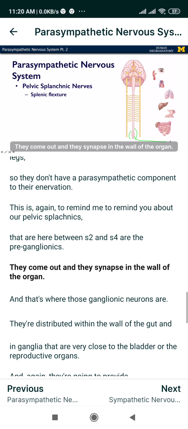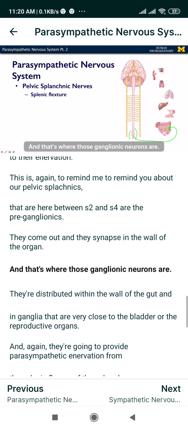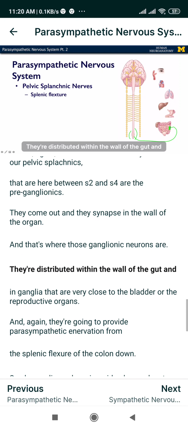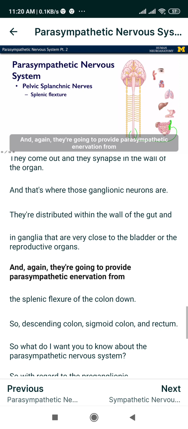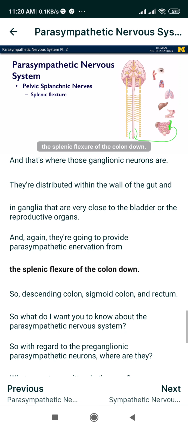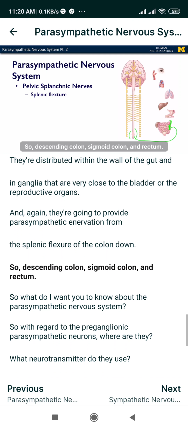They come out and synapse in the wall of the organ, and that's where those ganglionic neurons are. They're distributed within the wall of the gut and in ganglia that are very close to the bladder or the reproductive organs. And again, they provide parasympathetic innervation from the splenic flexure of the colon down: so descending colon, sigmoid colon, and rectum.